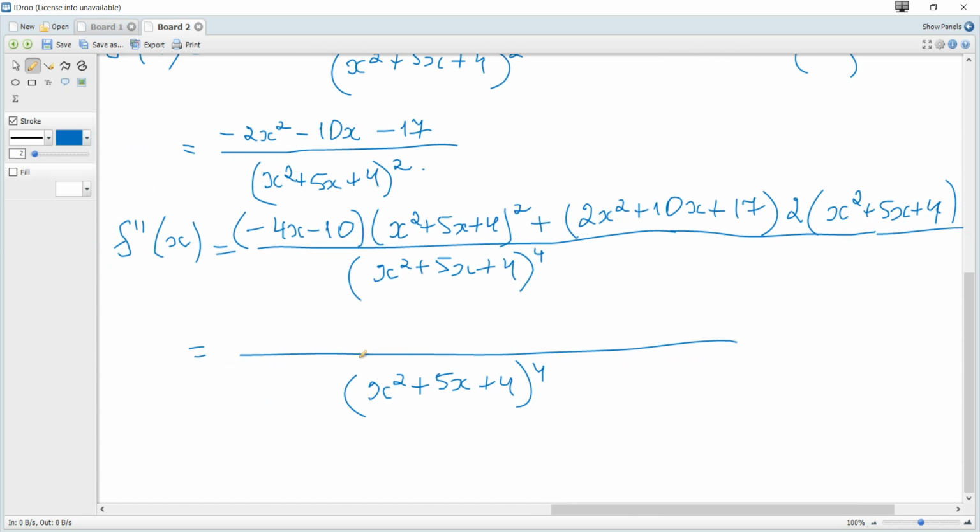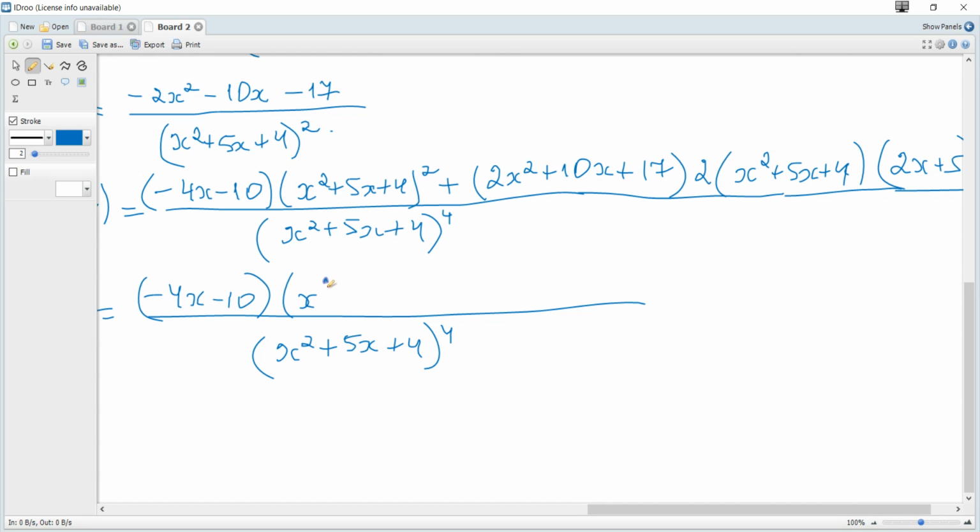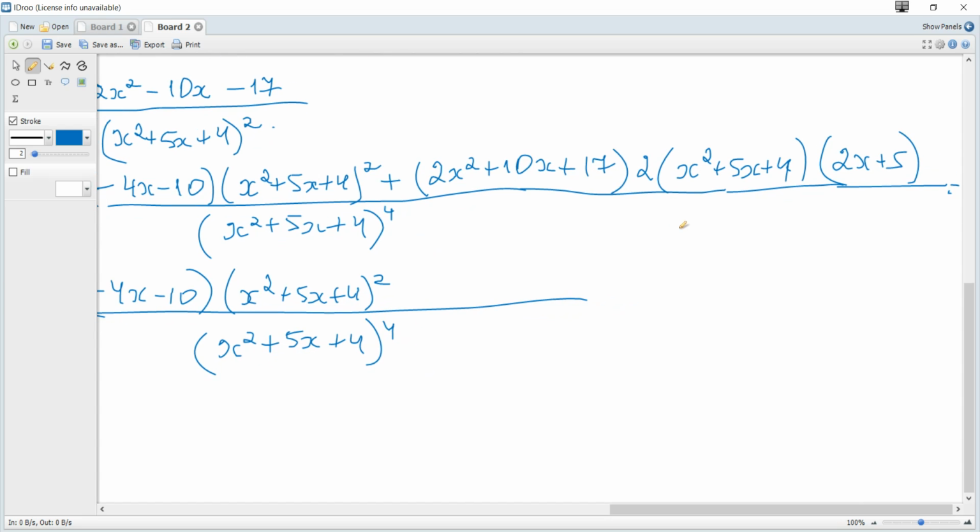Just a moment. If we factor out with minus 4x minus 10, it becomes x squared plus 5x plus 4 squared, but minus 2x squared plus 10x plus 17 times x squared plus 5x plus 4.